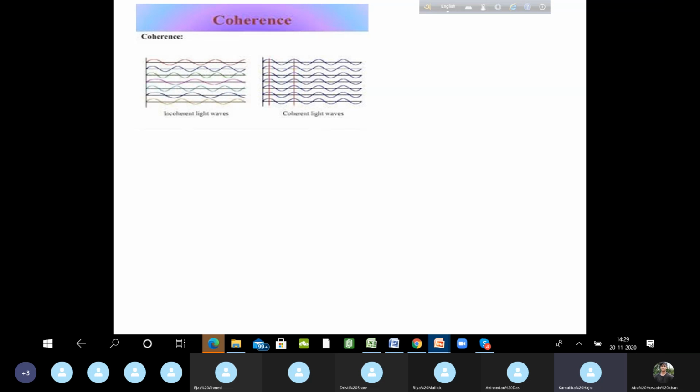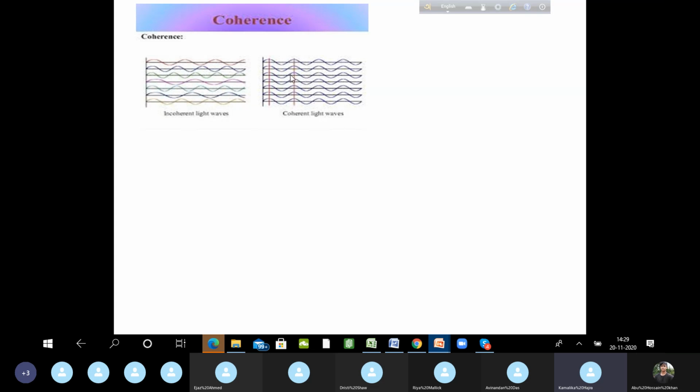So what is coherent? You can see that this is incoherent waves, and this is an example of coherent waves. You can clearly see that the incoherent waves are moving forward, but there is no relation between them. They are moving forward each in their own pace and manner. On the other hand, coherent waves have a particular pattern, and all of them follow the same pattern.